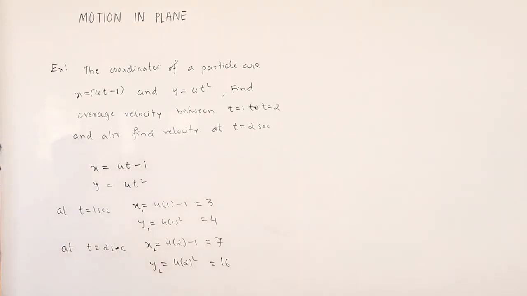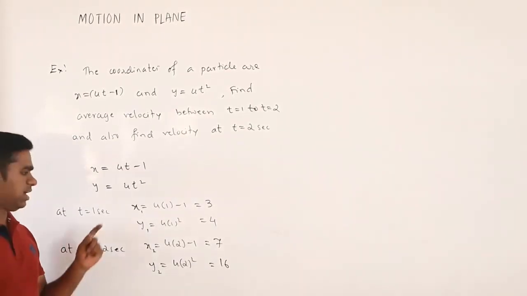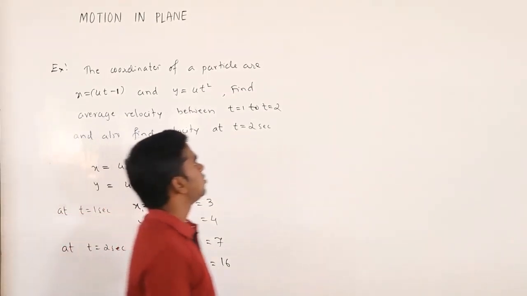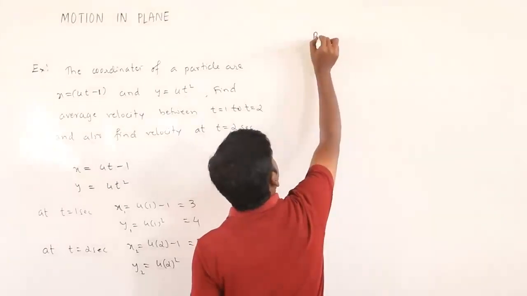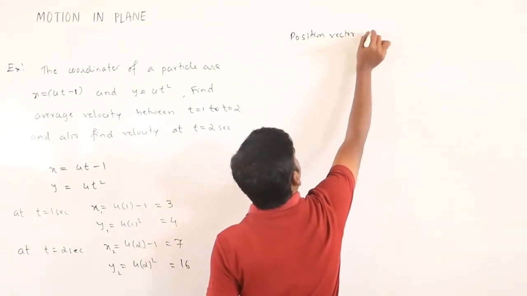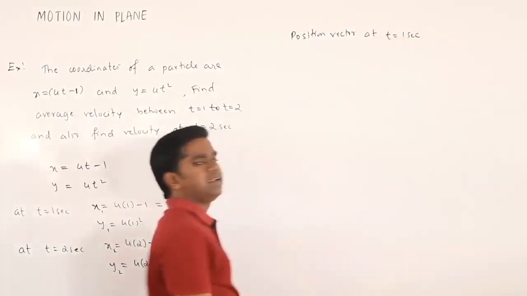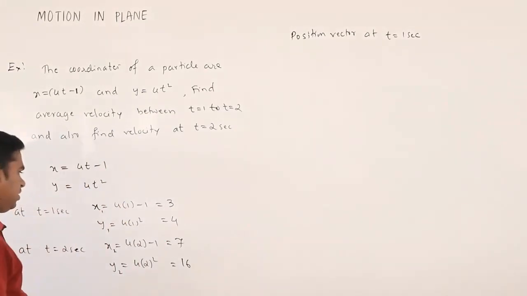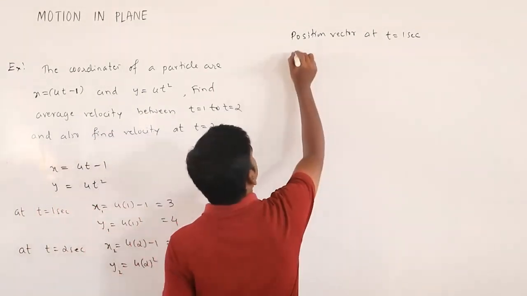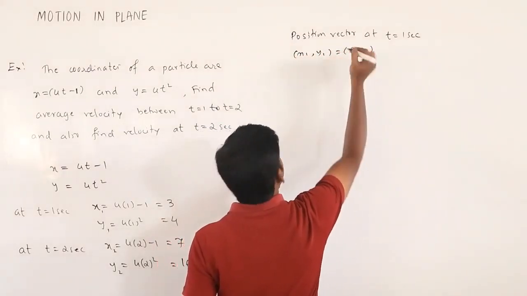So first find the position vector at t equals 1 second and at t equals 2 seconds. Position vector at t equals 1 second: x1, y1 are 3 and 4, so x1 comma y1 is 3 comma 4.